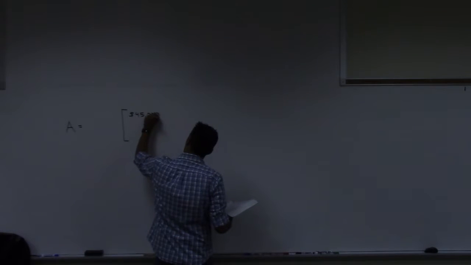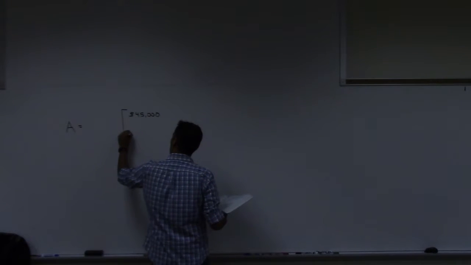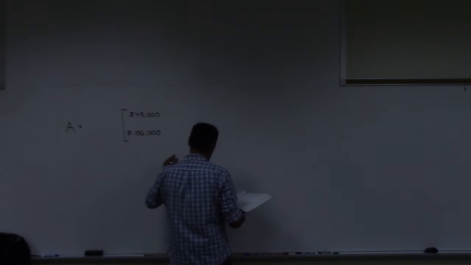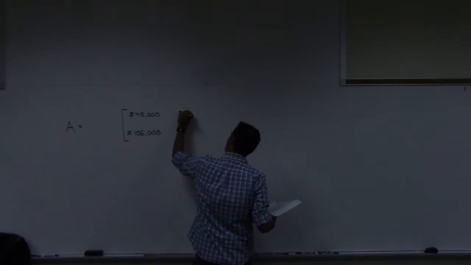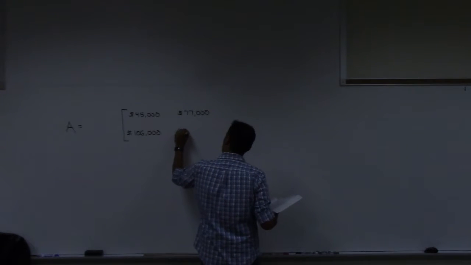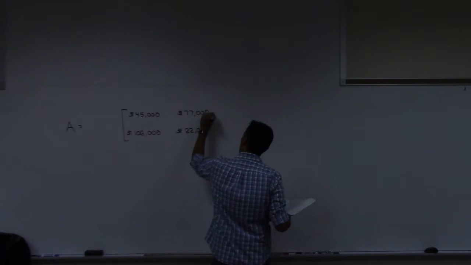The entries are $45,000, and then $106,000, $77,000 and $22,000. Close that off.